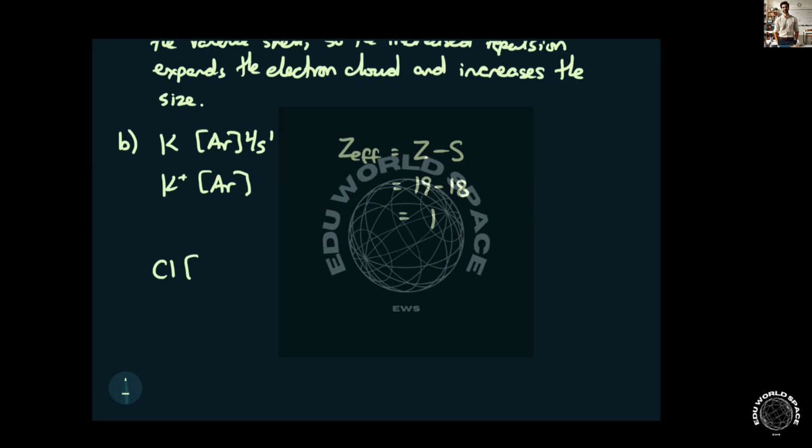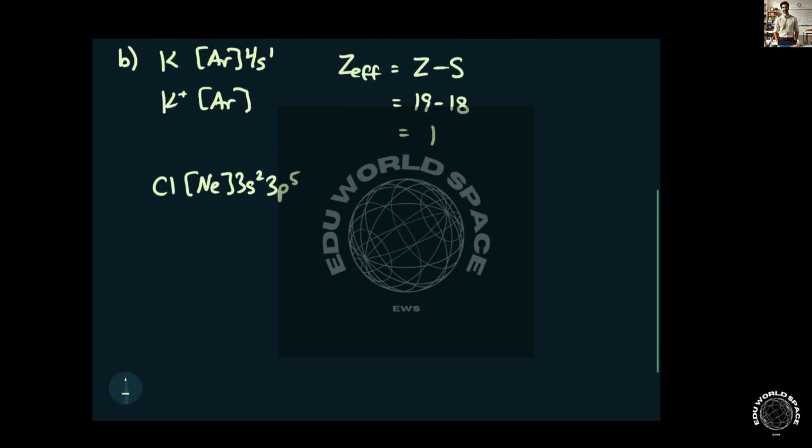For chlorine, the electron configuration is neon 3s2, 3p5. For the chloride anion, its electron configuration is neon 3s2, 3p6. The effective nuclear charge is the number of electrons, which would be 17, which would be 18.